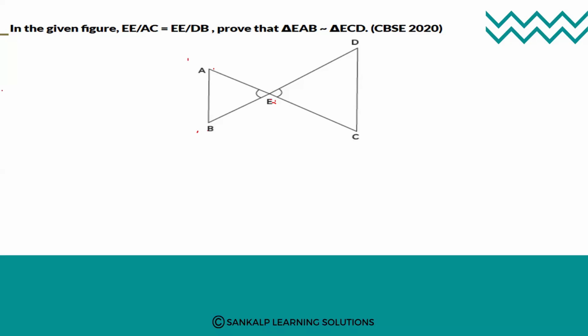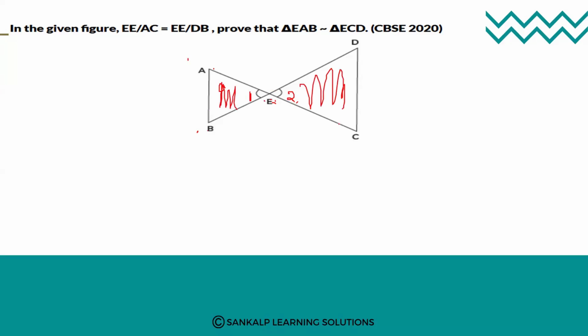So we will consider this angle as 1 and this angle as 2. Two angles are there, 1 and 2. In triangle EAB and triangle ECD, here one triangle is there and here one triangle is there.